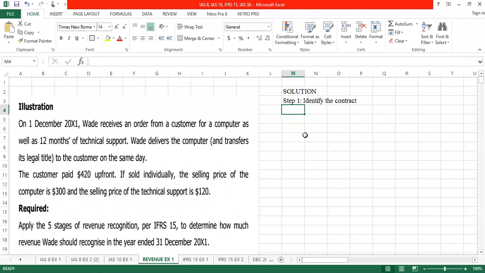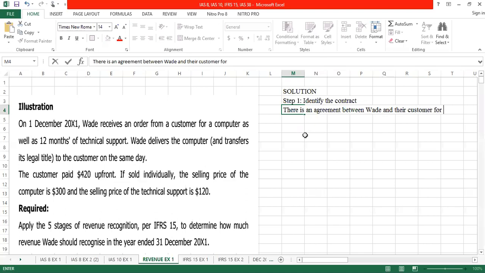So in this stage, you will say there is an agreement between Wade and its customer for the provision of goods and services.